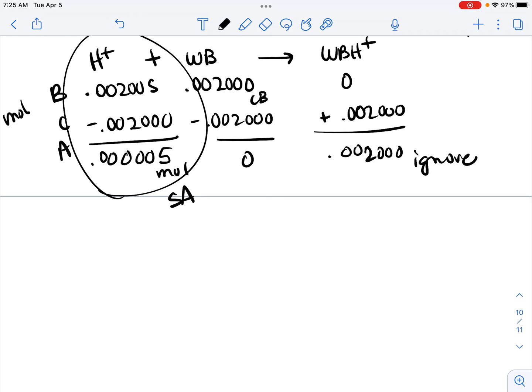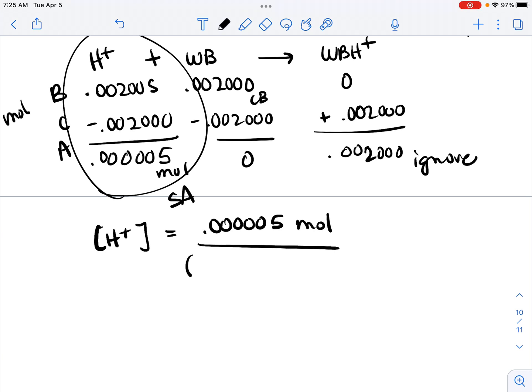And now I'm going to figure out the concentration of H plus so that I can find pH. So this is 5 times 10 to the negative 6 moles divided by my new volume, which was the 20 milliliters that I began with, plus another 20.05 milliliters, or 0.04005 liters.